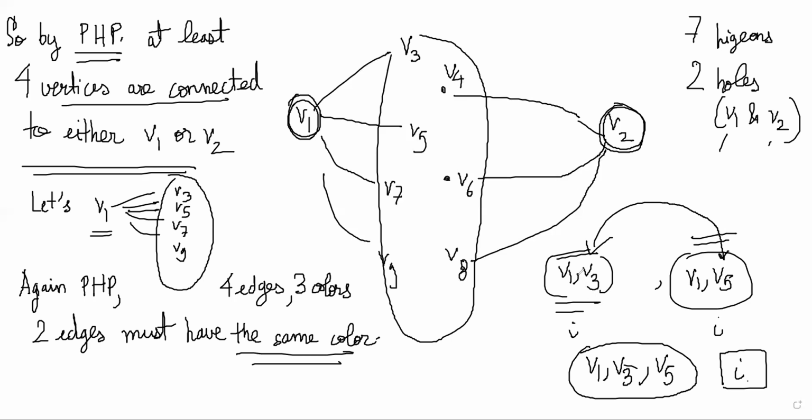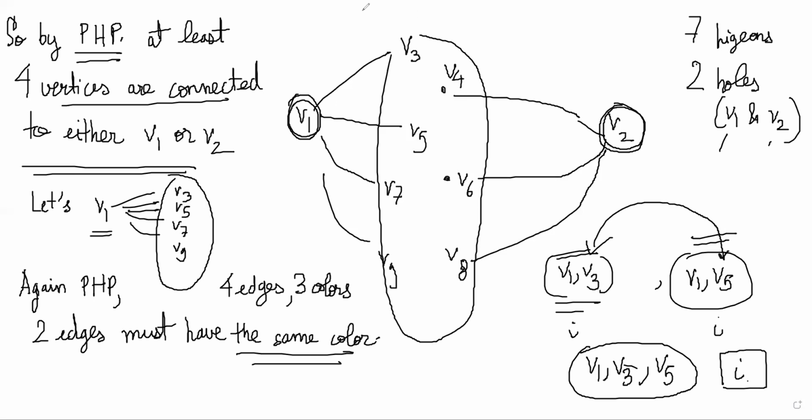So therefore, what we have proved is that even in case 2, when V1 was not adjacent to all of them, and it was non-adjacent to at least one, which is V2, even then we will get a monochromatic triangle. So we had 2 cases. Case 1 was V1 was adjacent to all of them, and case 2 when it was non-adjacent to some of them.